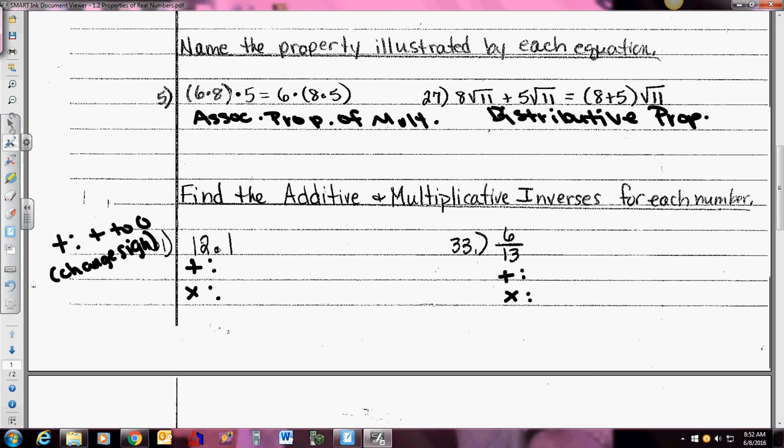So this would end up being negative 12.1. For your multiplicative inverse, you want it to multiply to a 1. So all you're going to have to do there is just flip the fraction. So this is really the same as 12.1 over 1. That's weird. A decimal and a fraction is weird. We'll get to that later in the year. For right now, we're going to go ahead and flip it to 1 over 12.1.